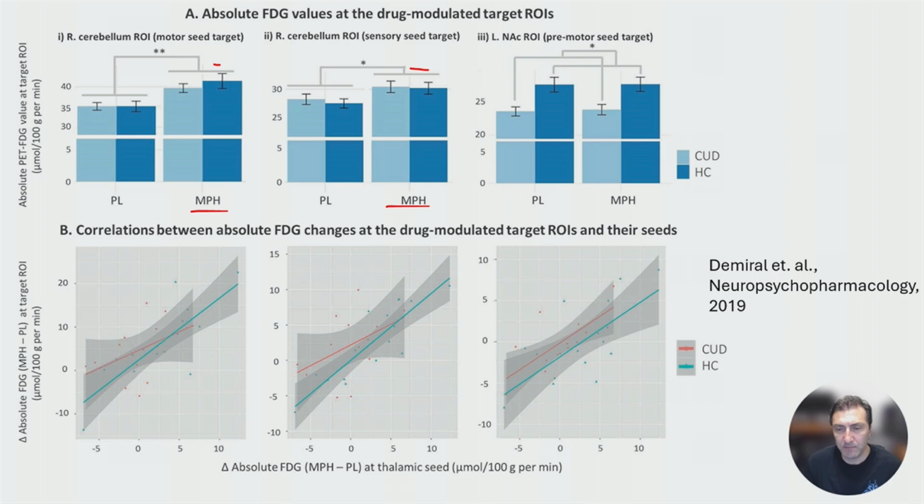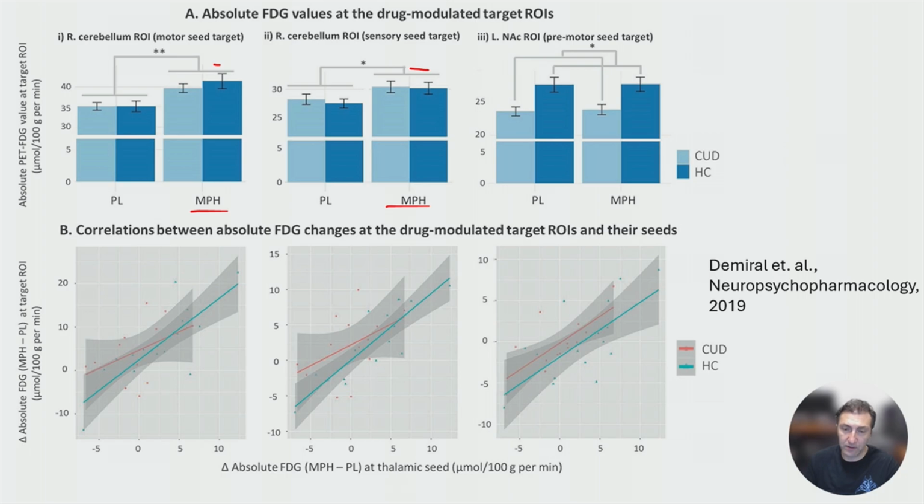We also showed that healthy controls had higher glucose metabolism compared to cannabis abusers. Plus, the change in absolute FDG in both the target and thalamic seed regions was positive, as expected. However, for the nucleus accumbens region, this change was not very positive.